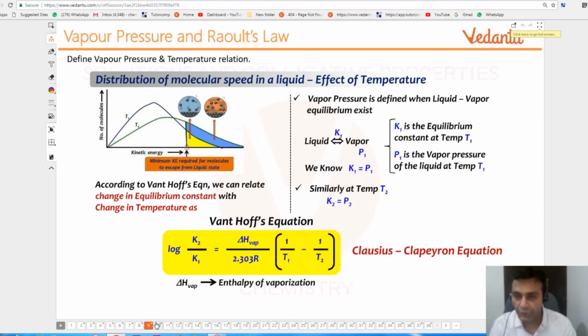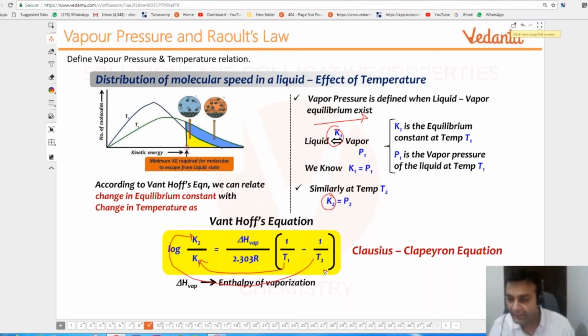So, you know the equilibrium constants K1 and K2. At temperature T1, K1 is the equilibrium constant, and at temperature T2, K2 is the equilibrium constant. You know, the more the K value, the more the extent in the forward direction. You did this in the chapter on equilibrium. The more the equilibrium constant value, the more the vapor pressure.